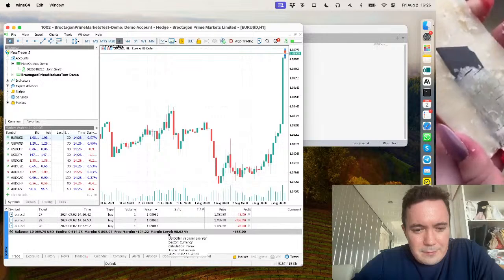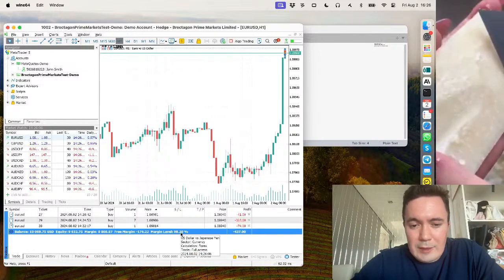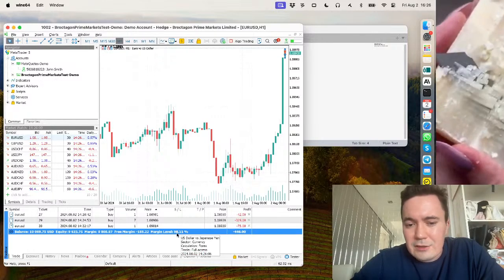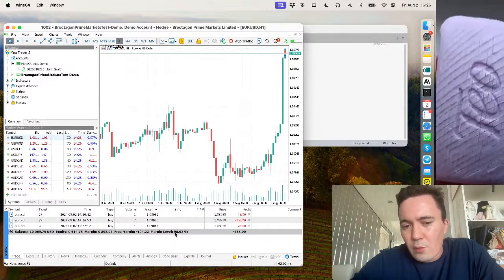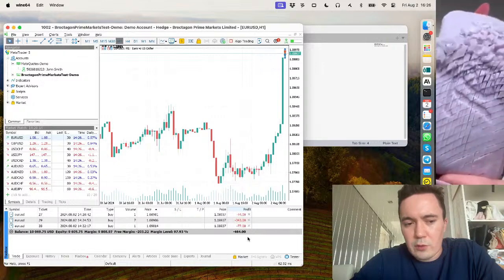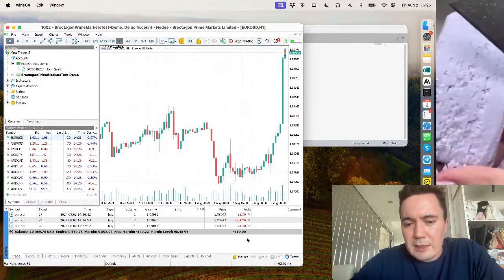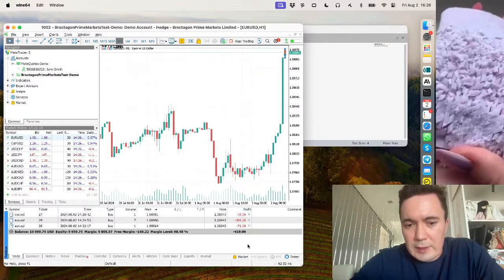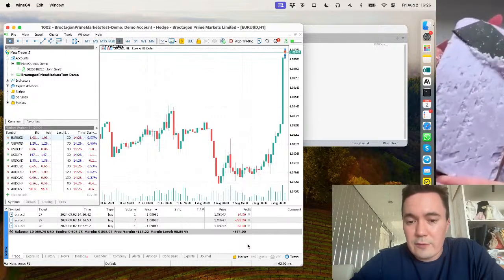This is why you need the margin level. It's just to track whether you're close to the situation when all your open positions get stopped out and closed forcefully without your intervention.